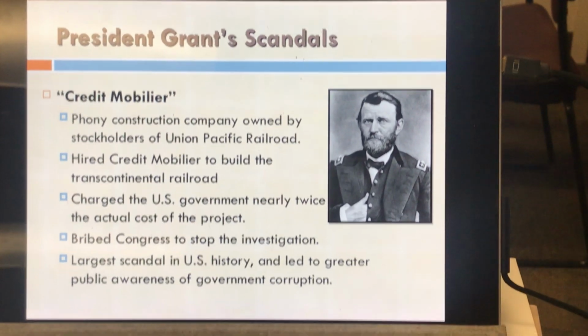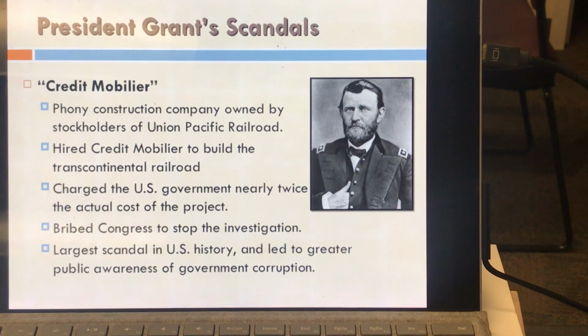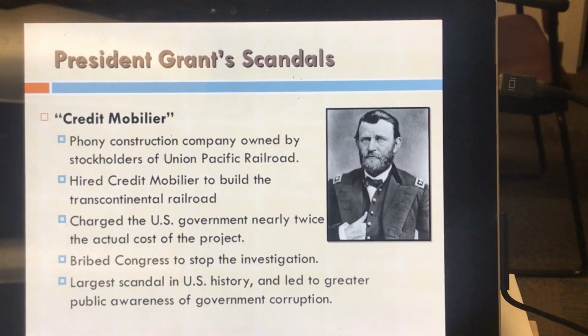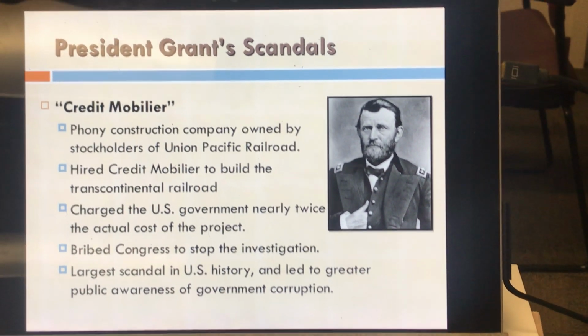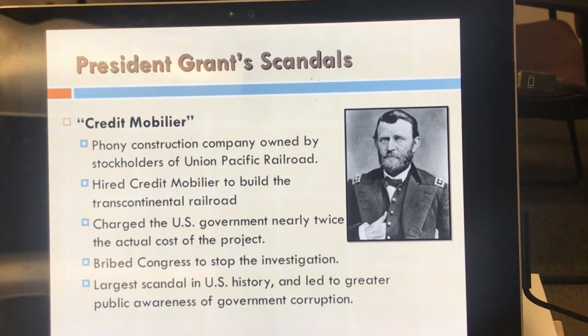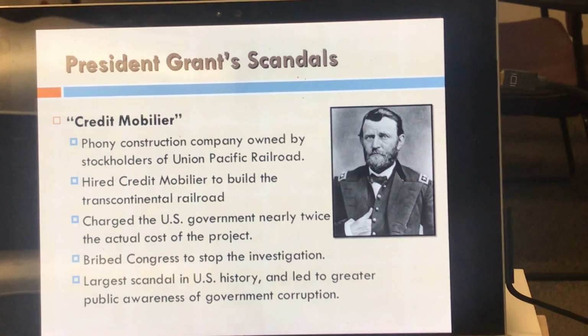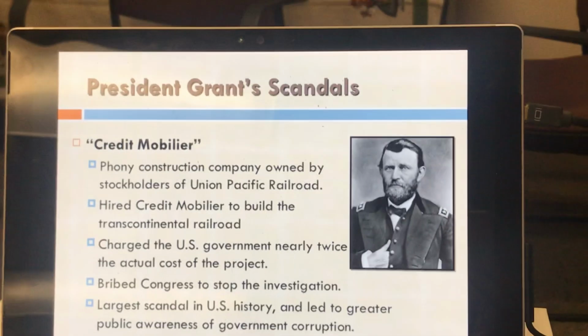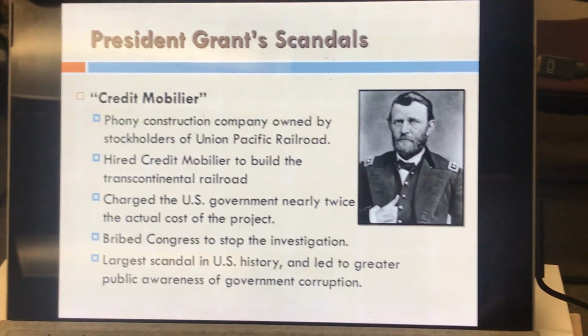In your Reconstruction unit, you learned about the scandals during President Grant's presidency. The Credit Mobilier scandal. It was a phony construction company owned by the stockholders of the Union Pacific Railroad. They hired this Credit Mobilier to build the Transcontinental Railroad.